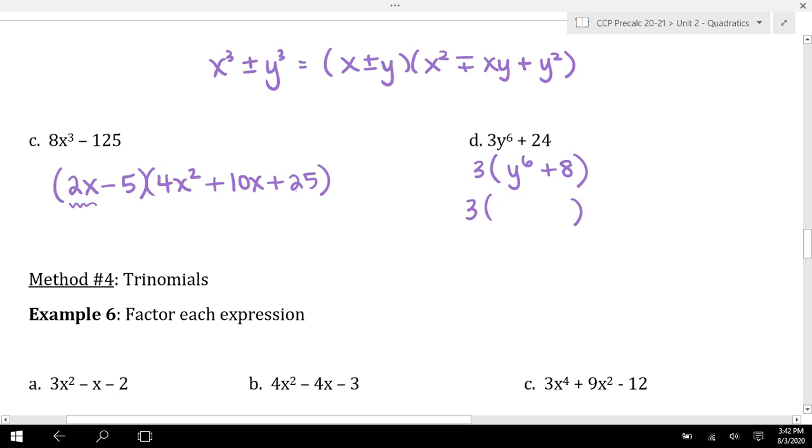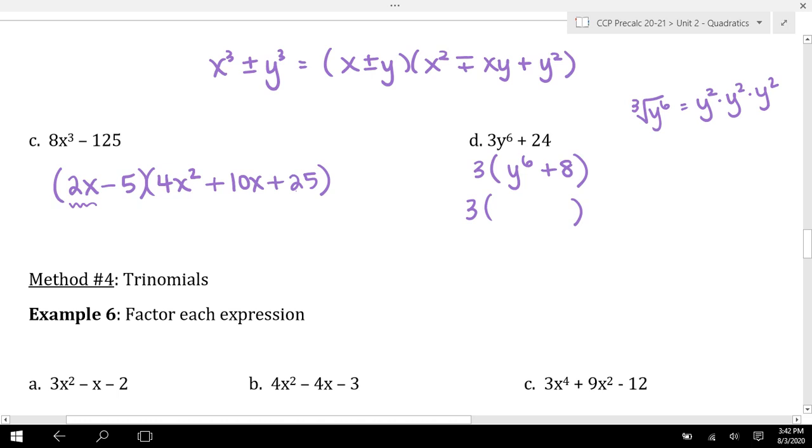So now, if I want the cube root of y to the 6th, is there something that cubed will give me y to the 6th? Can I break this down into 3 separate terms? And hopefully you're thinking, yeah, it's y squared, y squared, y squared, right?